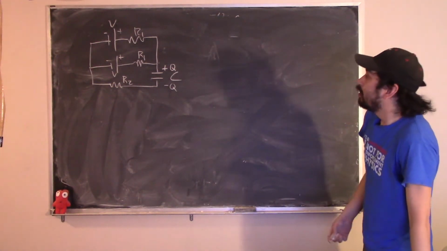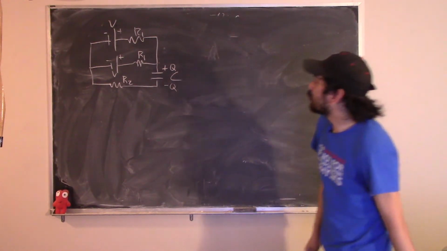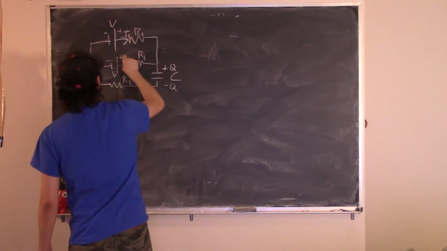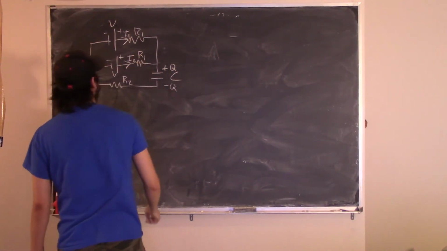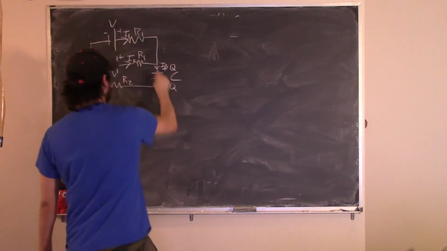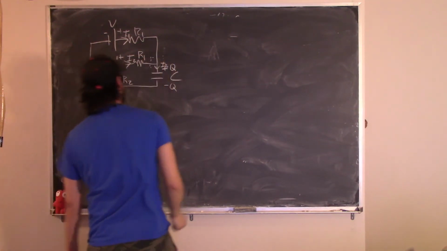Okay. So the second thing that I need to do is define some current. Let's call this some current I1, call this some current I2, and there's some current I3 here as well. So draw my box.